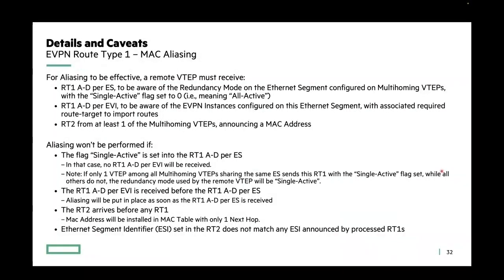In that case, remember the previous slide, the MAC address would be installed in the MAC table with only one next hop. But one next hop is not aliasing. So we need to get the RT1 to be able to install aliasing with multiple next hops for a MAC. And then obviously, if the ESI set in the RT2 doesn't match any ESI announced by the processed RT1.